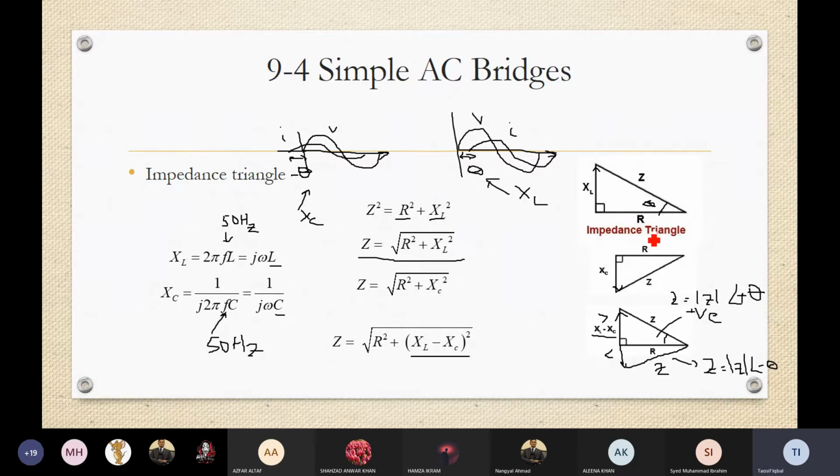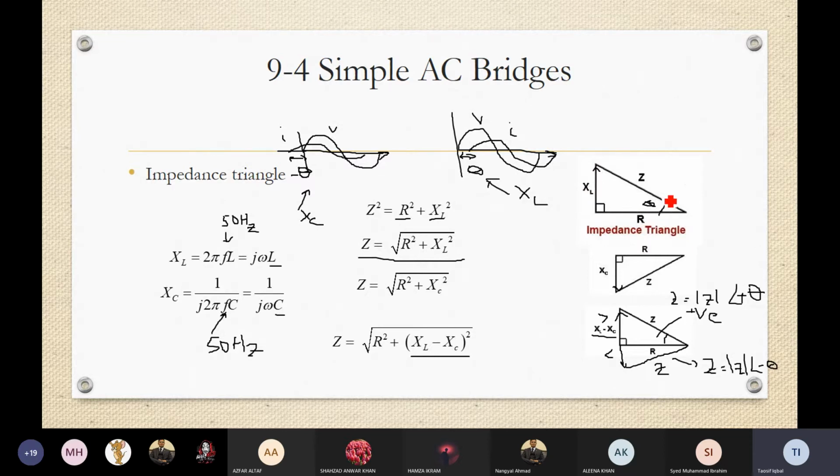So in the impedance triangle, basically this side indicates Z, whereas the x-axis and the y-axis represent resistance and reactance respectively.